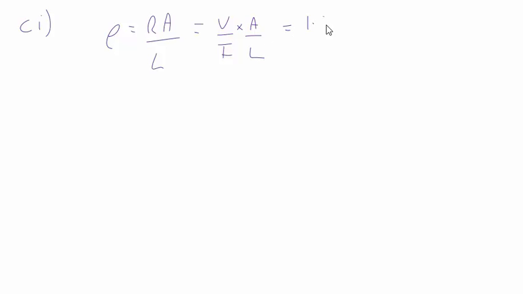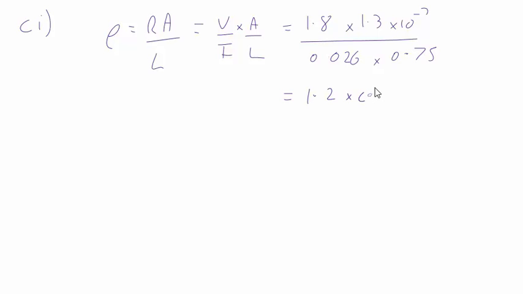We have 1.8 volts times an area of 1.3 times 10 to the minus 7 square meters over a current of 0.026 amps times a length of 0.75 meters. This gives a value of 1.2 times 10 to the minus 5 ohm meters.